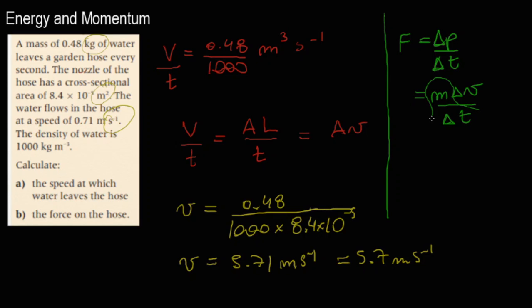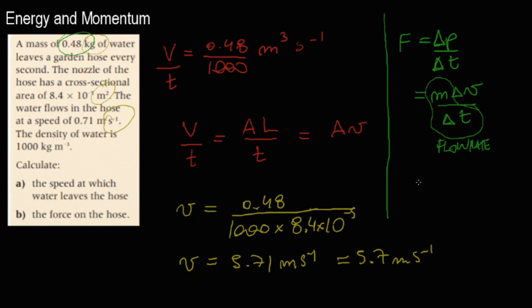So we do know in this case what is our mass over time. How is mass changing with time? This we also call flow rates or mass rates. So it's telling you how much matter is coming out of the hose at a certain time. So how many kilograms per second, for example, which is exactly what we have, 0.48 kilograms per second.